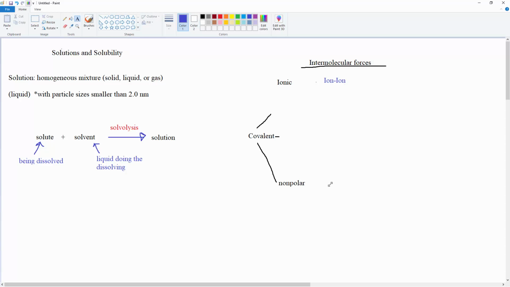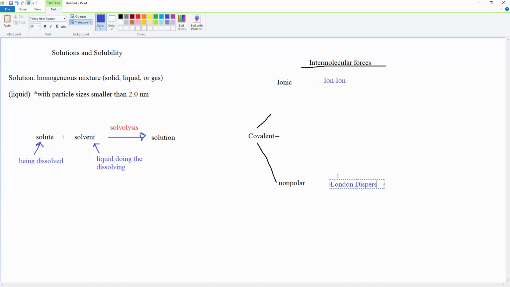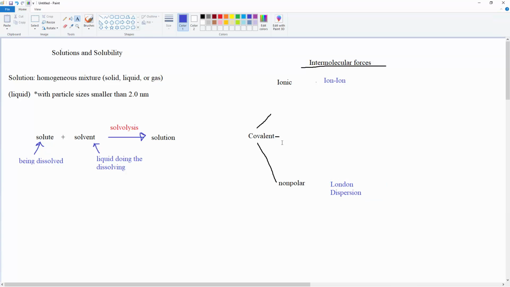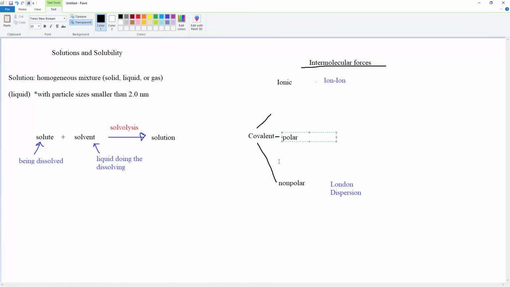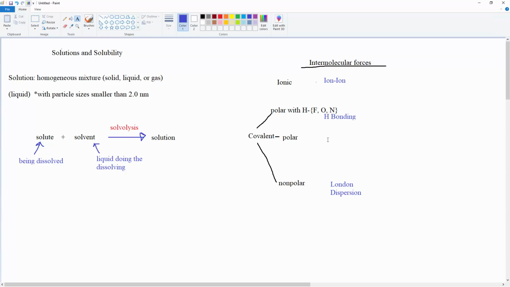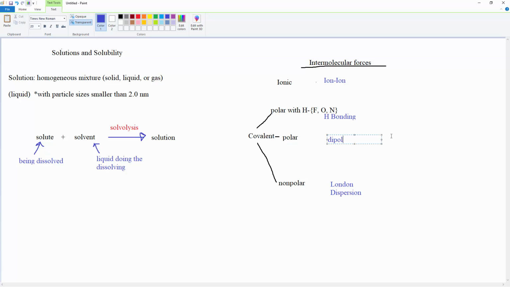Excellent. And if I was polar, I had two options. I could be regular polar, or I could be fancy polar with an H attached directly to an F, O, or an N, in which case, what's fancy polar called? Yeah, that's hydrogen bonding. Oh, you were on it already, Erica. Great. Yep, this gives you hydrogen bonding. And if you're regular polar, then you're subject to just dipole-dipole. Perfect.